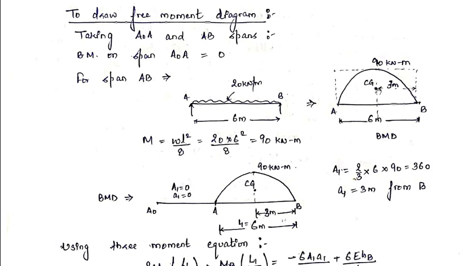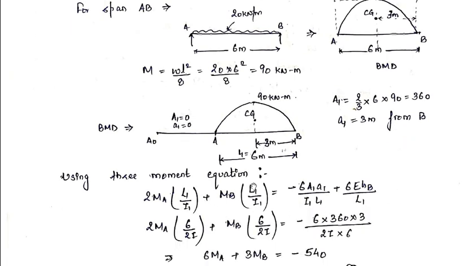Now let's find the distance of the CG of this area from support B. This value will be small a2. Since this is a symmetrical parabola, the CG will be at half of the span, that is half of 6, which is 3. So small a2 will be 3 meters from support B.